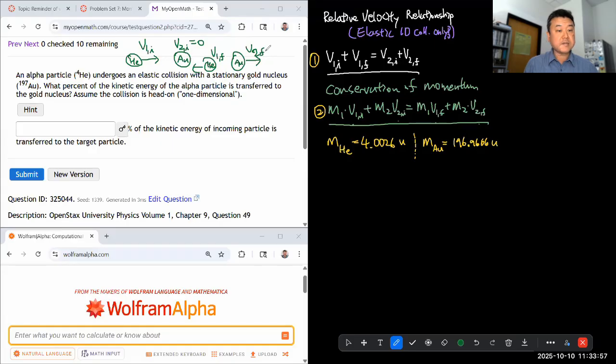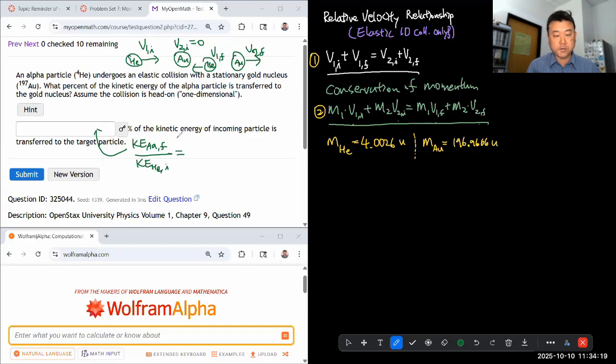So it asks what percent of the kinetic energy of the alpha particle is transferred to the gold nucleus. So ultimately the answer that they are looking for here is the ratio of the kinetic energy of the gold after collision over the kinetic energy of helium before collision.